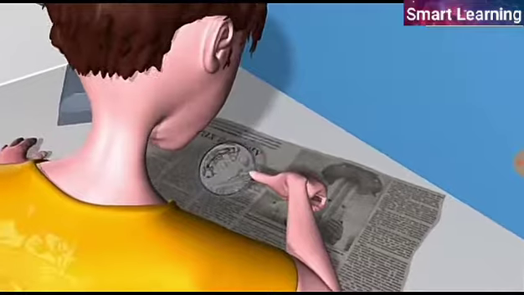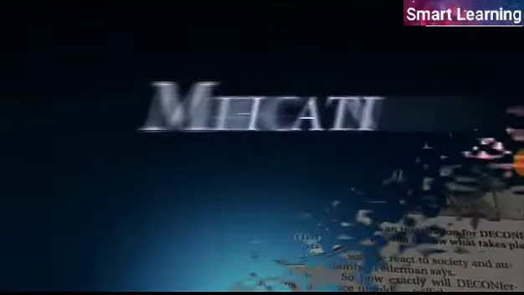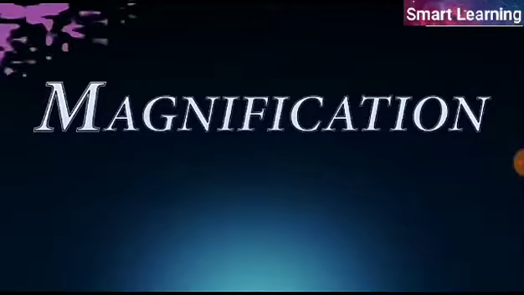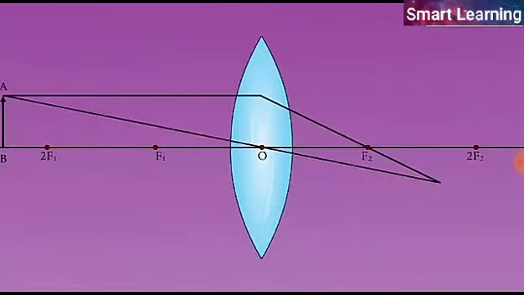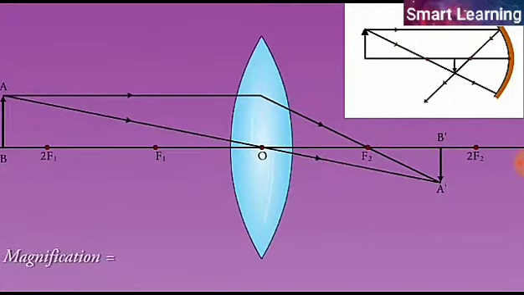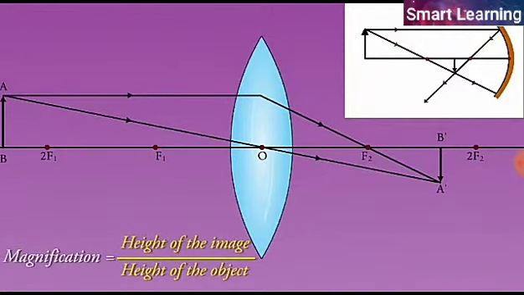Now let us learn about the concept of magnification. The magnification produced by a lens, similar to that for spherical mirrors, is defined as the ratio of the height of the image and the height of the object.